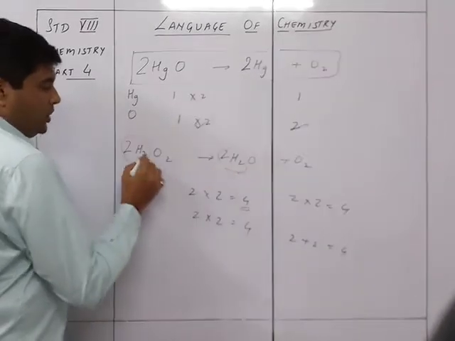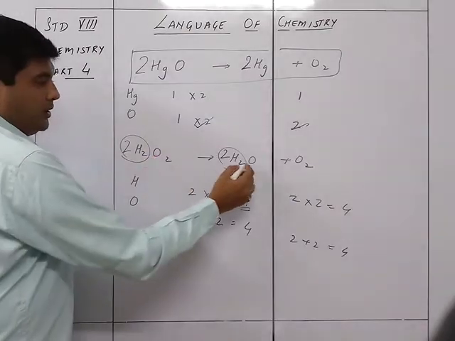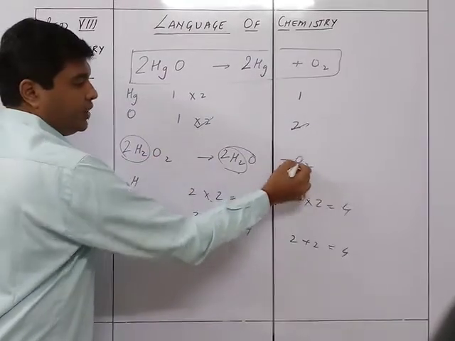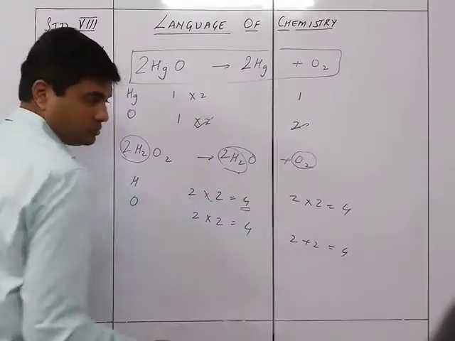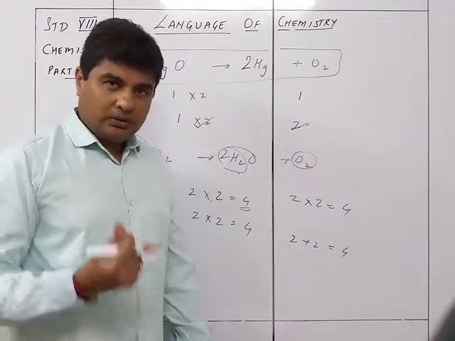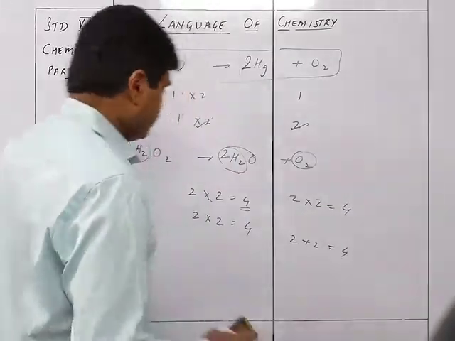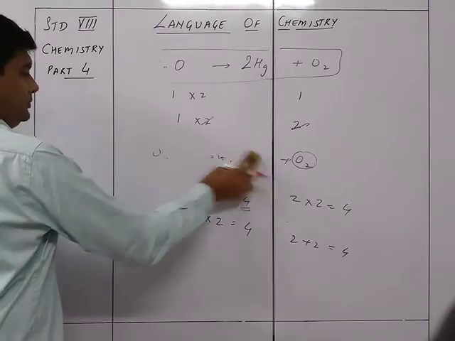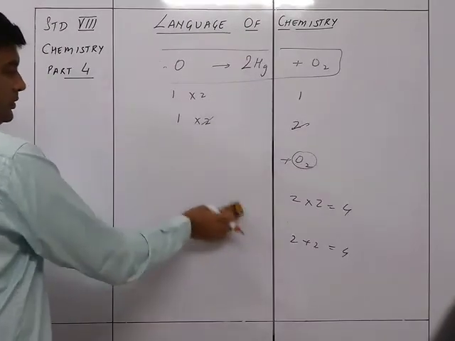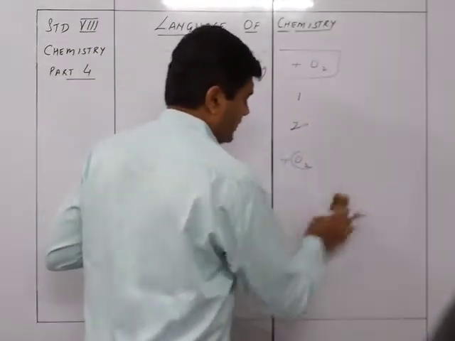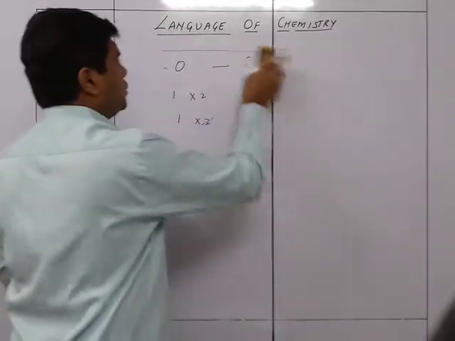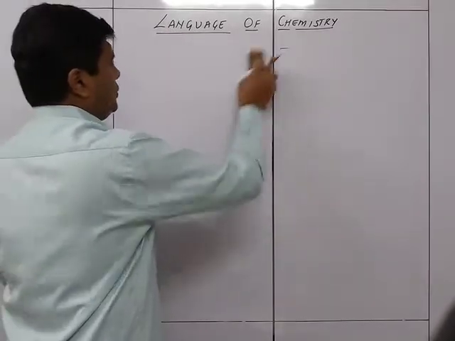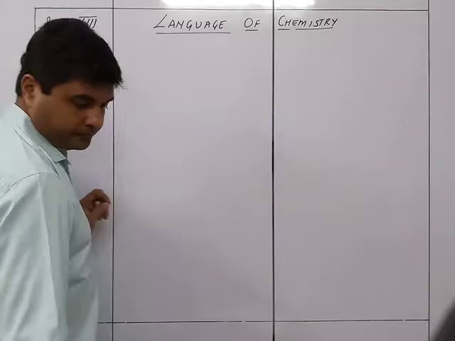Oxygen is 4. Over here oxygen is ये 2 है और ये 2. 2 plus 2, 4. Okay, so this is balancing. So the answer was 2H2O2 giving you 2H2O plus O2.